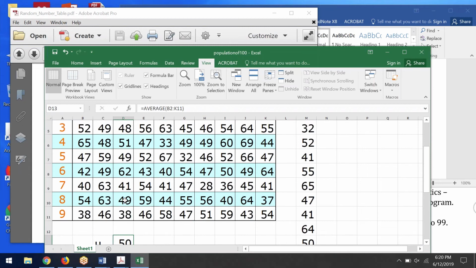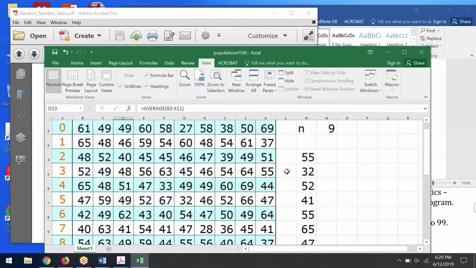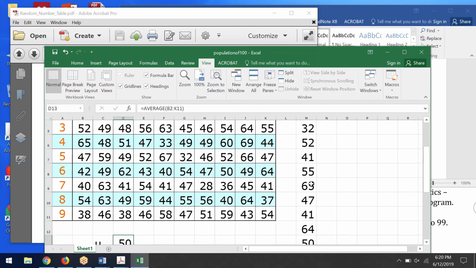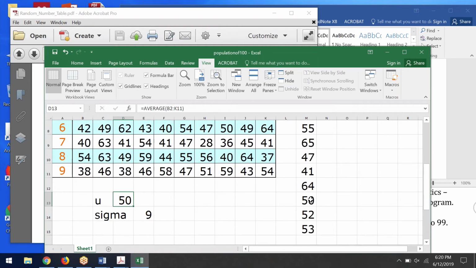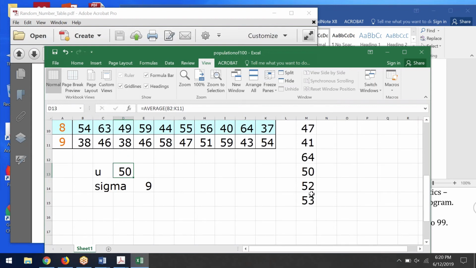They're certainly a lot closer to the population mean than these individual values. Look, one time we picked one, that person was 32. Another time it's 65. Sometimes we got closer, 47. But look at all the variability in those numbers. The sample means are relatively close to the true population mean, and the variability is much less than the numbers themselves.